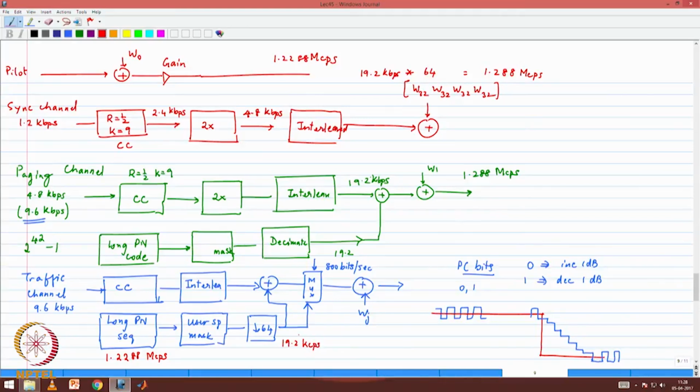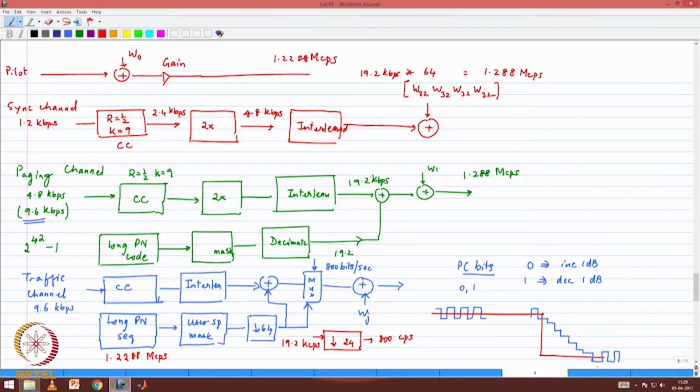Then if I further downsample by 24, that gives me 800 chips per second. Ultimately there is this downsampling. All of these numbers are obtained using simple operations like downsampling and upsampling, and the way they are chosen has a very specific structure and purpose behind it.